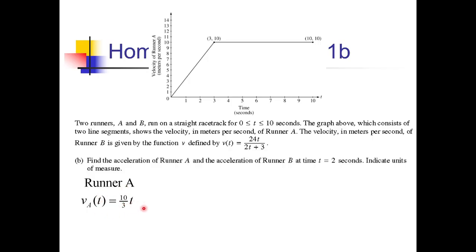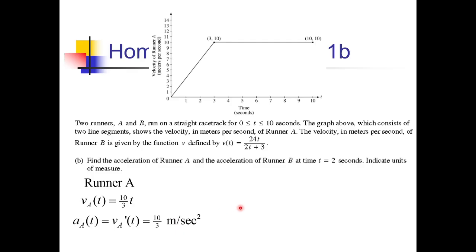That was from part A. The acceleration is just going to be v sub A prime of t, so I need to take the derivative of this and plug in 2. The derivative of 10/3 t is just 10/3, and that'll be meters per second squared. It's going to be whatever the velocity units were divided by a time unit. That gives us the rate of change of velocity.